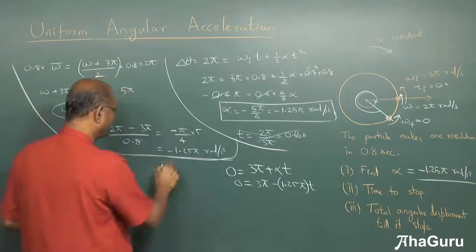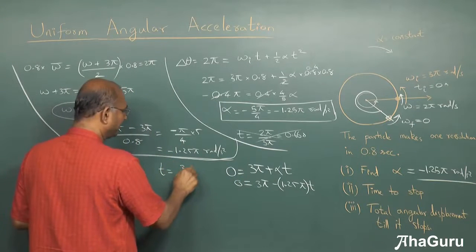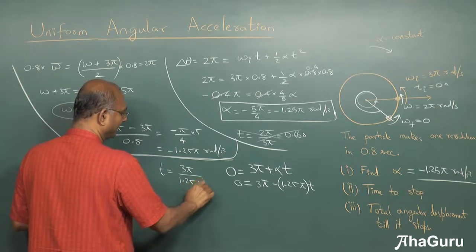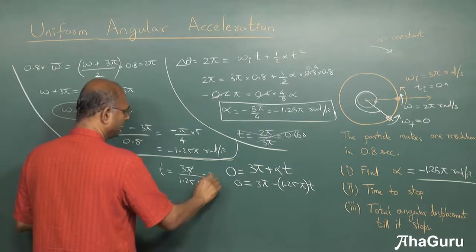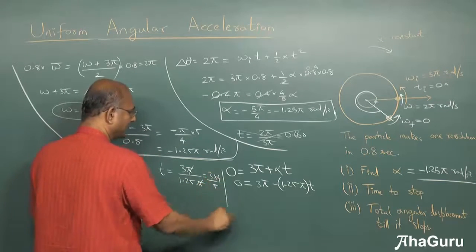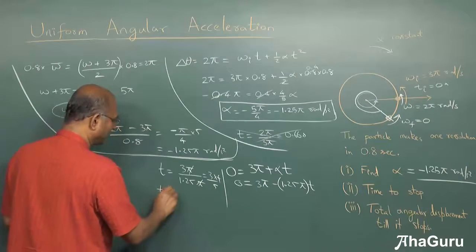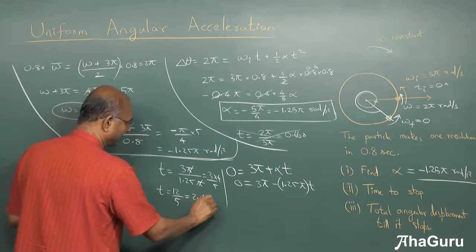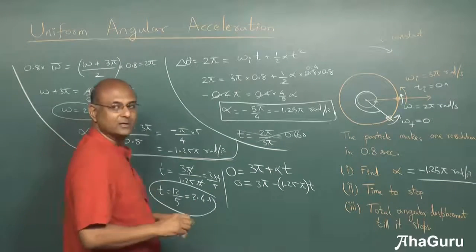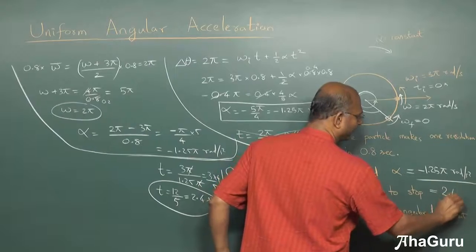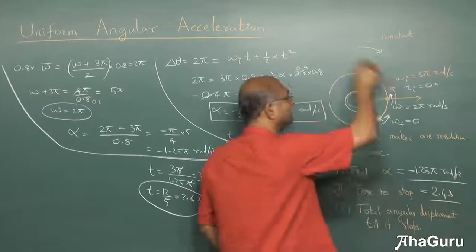So therefore t must be 3 pi divided by 1.25 pi. So 3 by 5 by 4, right? This 5 by 4 goes up there. So t is 12 by 5, which is 2.4 seconds. So the time it takes to stop is equal to 2.4 seconds from the initial time it started.